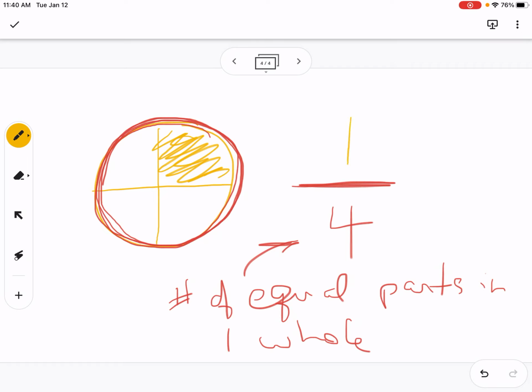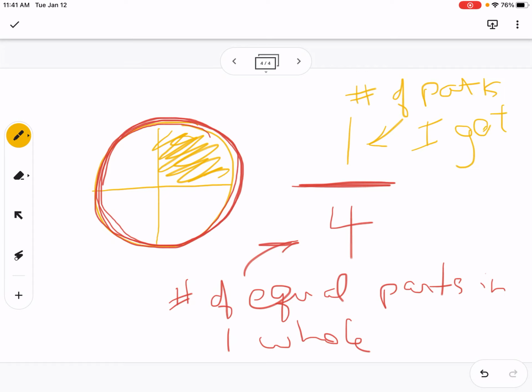So there we go. I've got 1/4 of the pizza coming to me. Bottom number 4, because it takes 4 parts to make the whole thing, and 1 on the top because that is the number of parts that I have, that I'm going to eat.